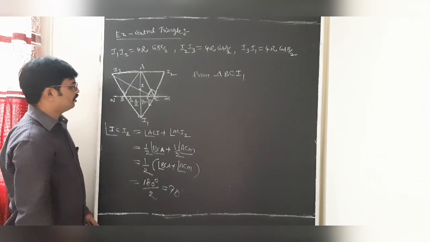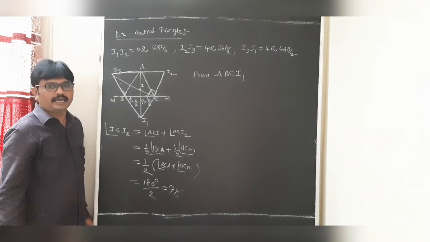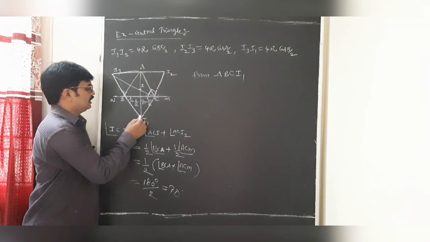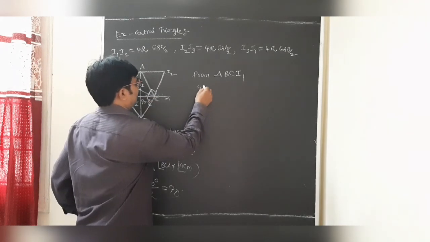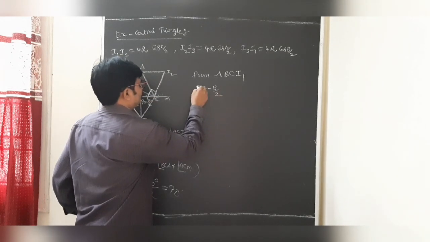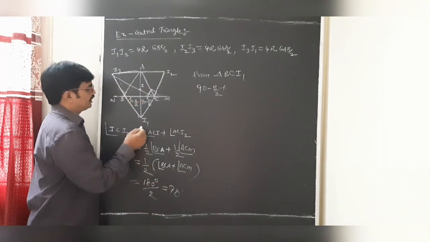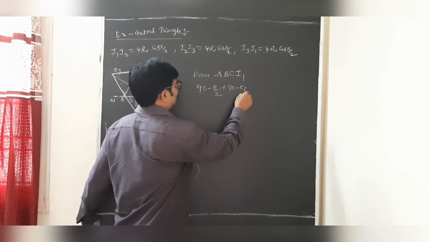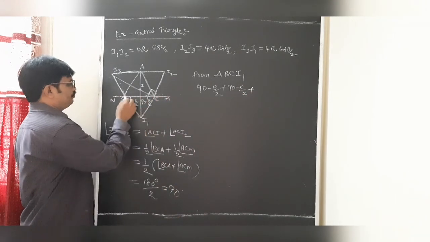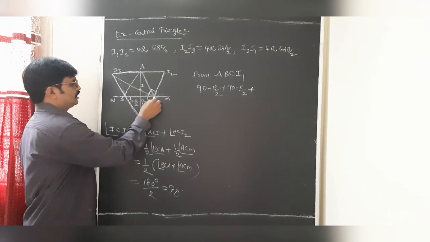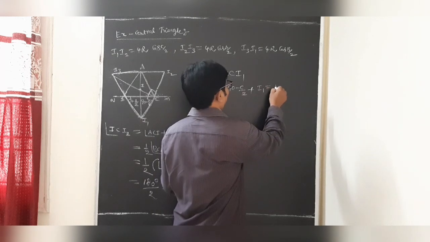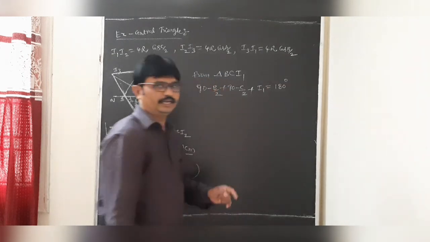The sum of the angles in a triangle is 180 degrees. So angle IBC, that is 90 minus B by 2, plus angle BCI, that is 90 minus C by 2, plus angle BIC, which can also be written as I1, is nothing but 180 degrees.